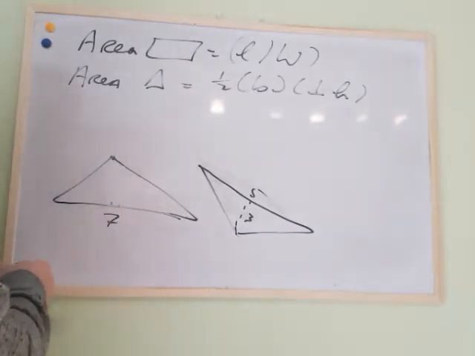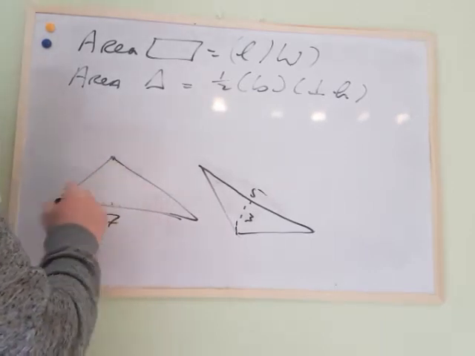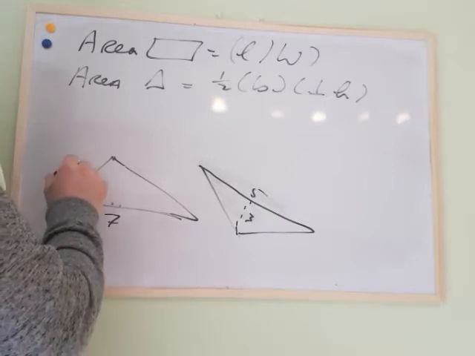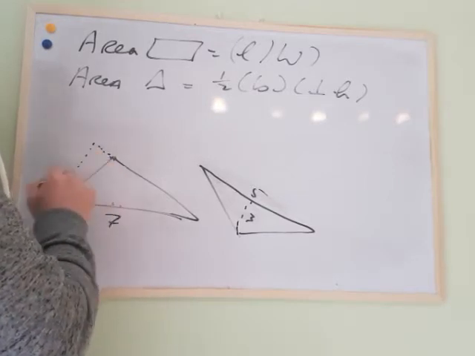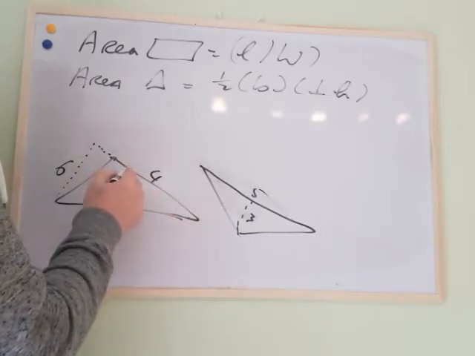But let's say I were to draw a line coming from the right angle from this corner here. This would be the base, okay?